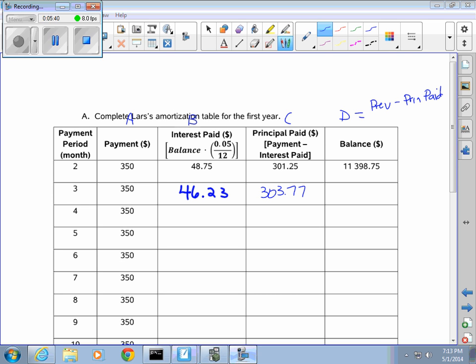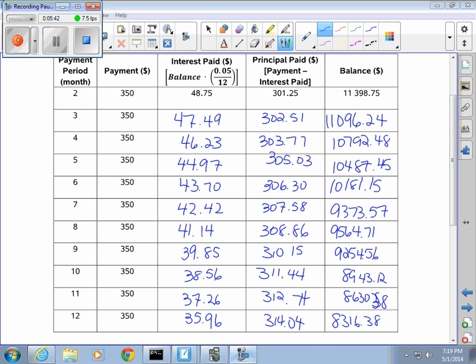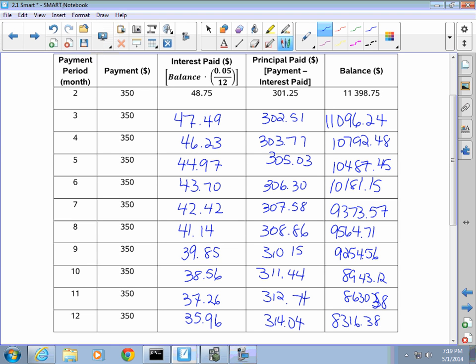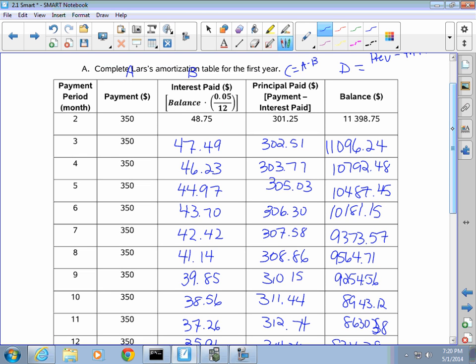So I'm going to pause here for a sec. Okay, so I've just finished filling in the chart here. I wrote my line 4 in my line 3, so I had to change that first line for you, but the rest are good. To find your column B here, you take the balance that you had.